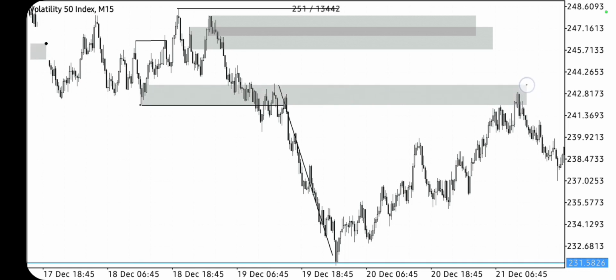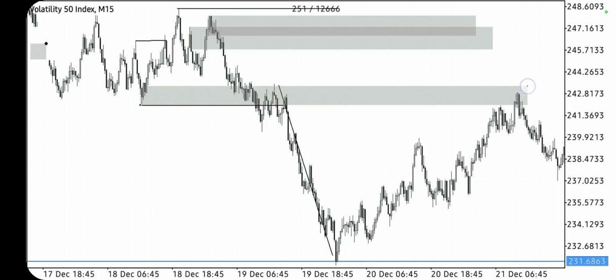So here is my breaker block. I have marked out my breaker block here, and I am expecting the market to get there and give me a confirmation. I'm not just entering the market anyhow.